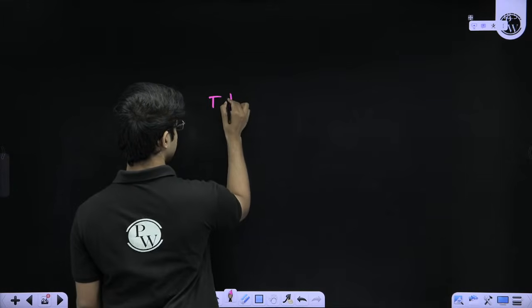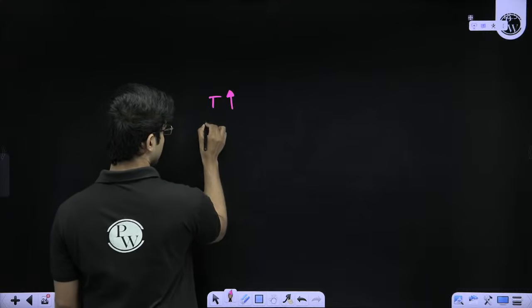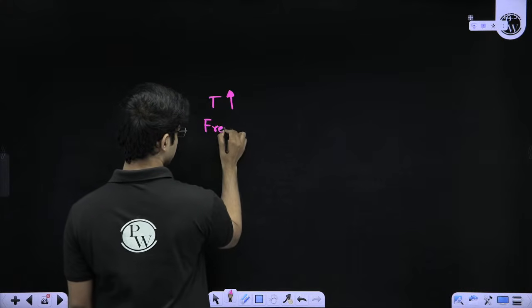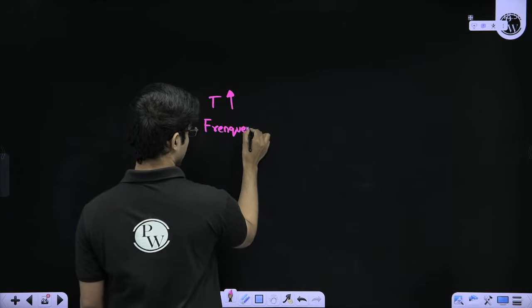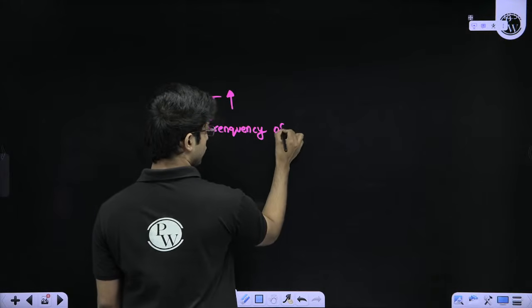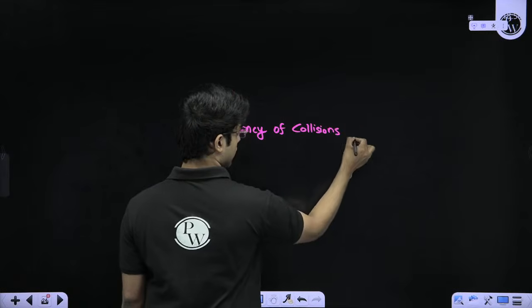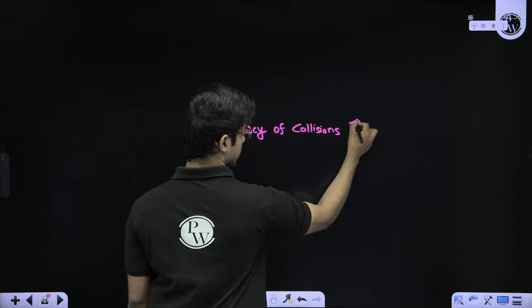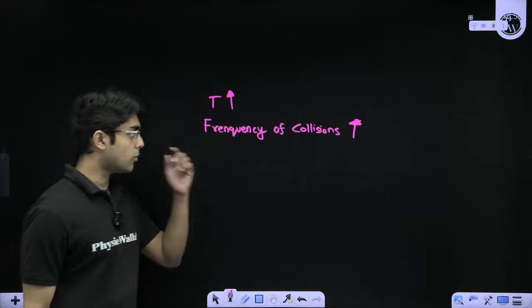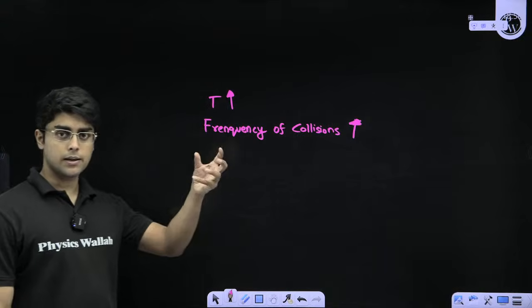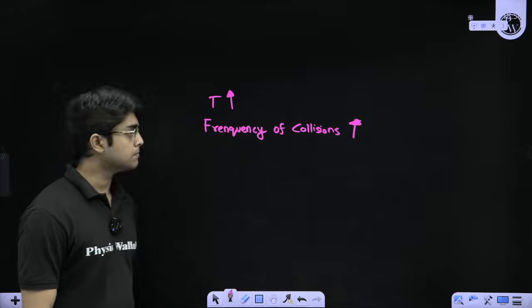When we increase the temperature, the frequency of collisions will also go up, right? This is just common sense, because if you increase the temperature, the electron will move much faster, right?